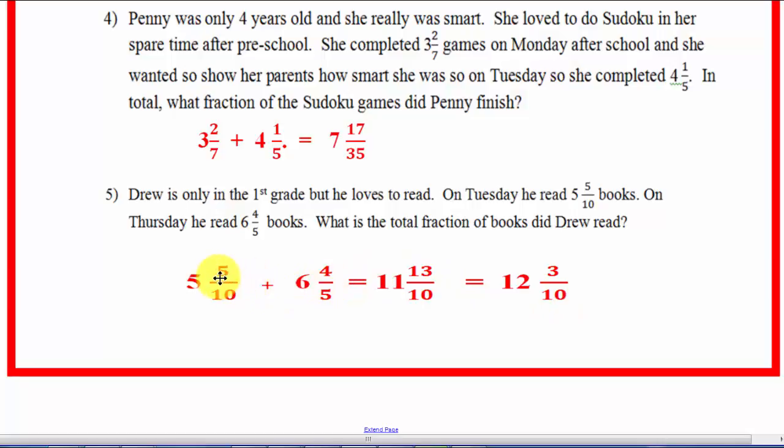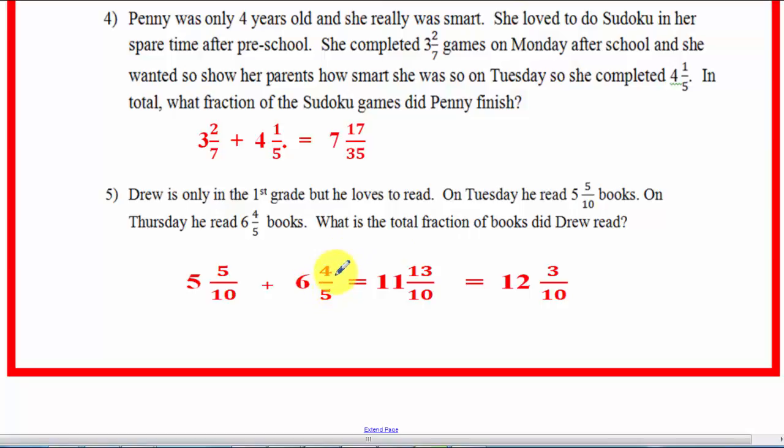Let's look at it again. We have 5 5/10 plus 6 4/5. 5 and 6 is 11. Now, the common denominator is 10, right? So, how many times does 5 go into 10? Twice. Let me get a pen here so I can look at this a little bit closer.